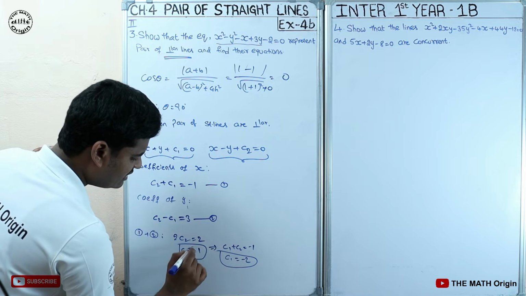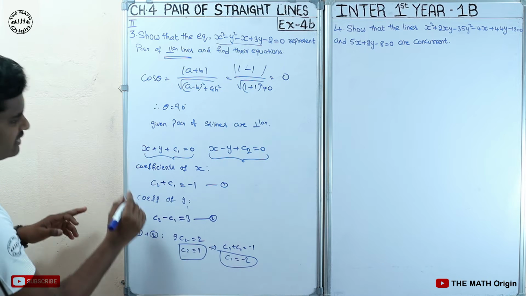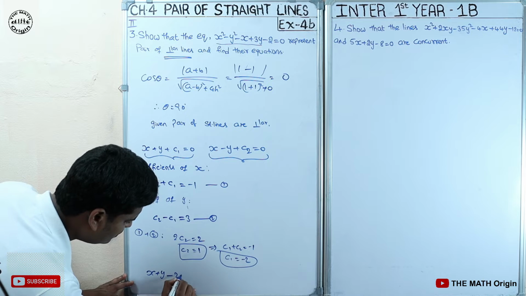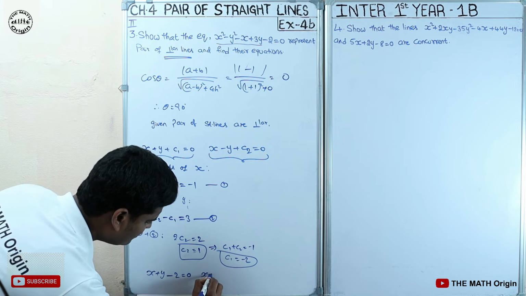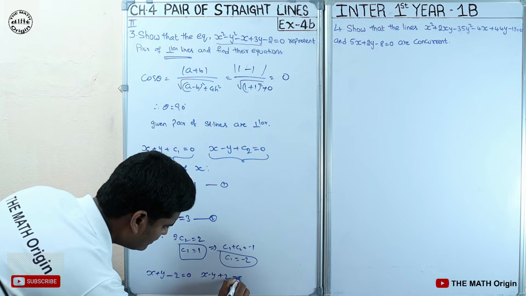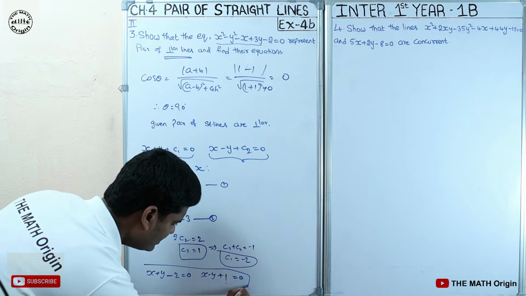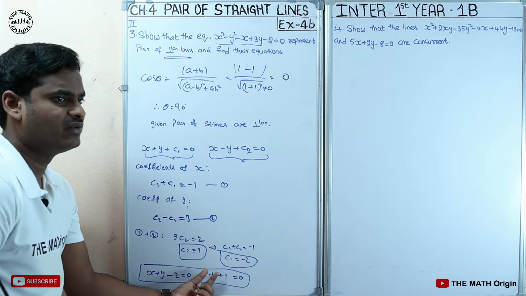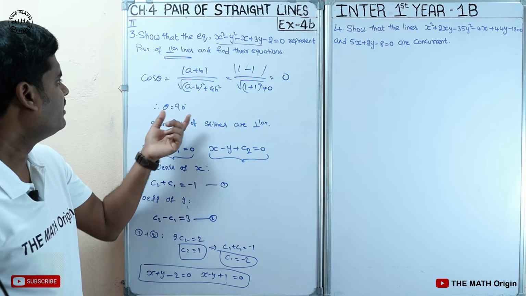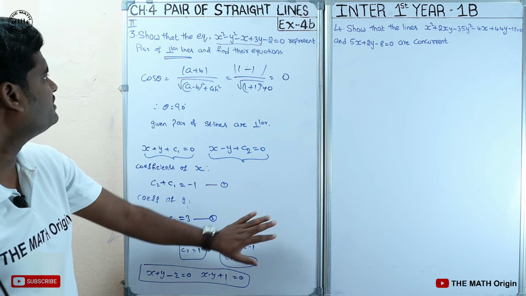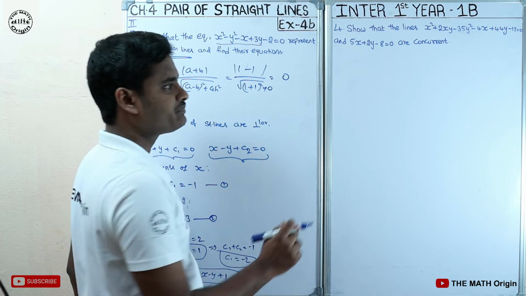We got C1, we got C2. The equations are x plus y minus 2 equals to 0, equation 1, and x minus y plus 1 equals to 0, are the equations of the perpendicular straight lines. Okay, with this we completed the third problem.